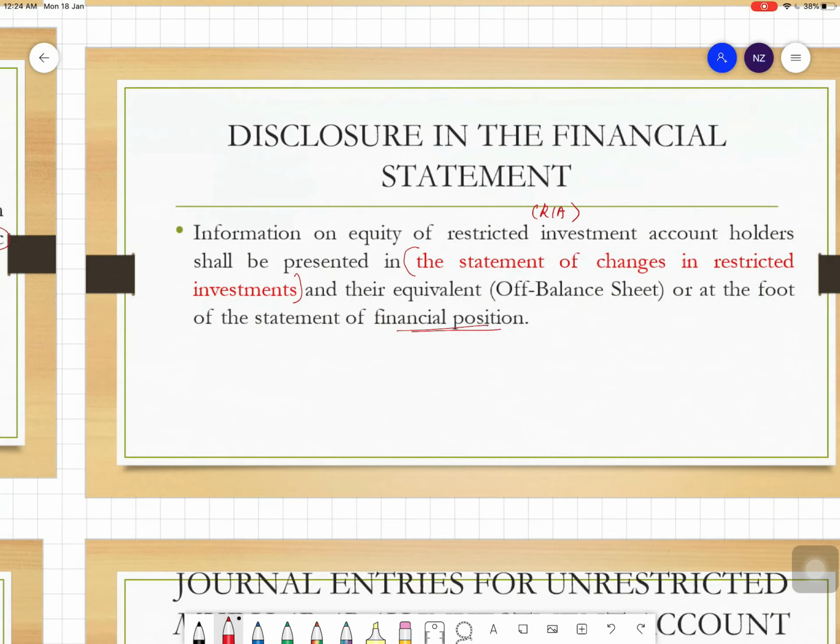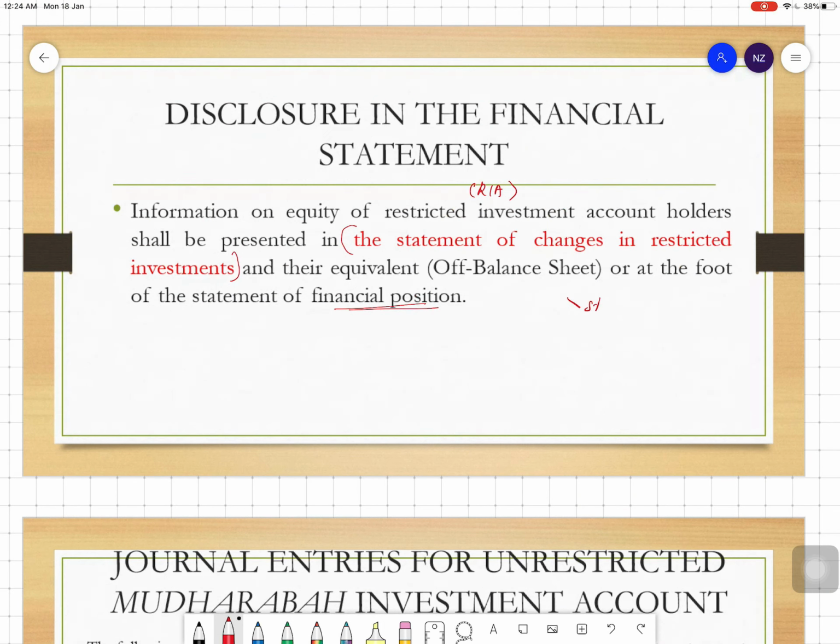For RIA, it goes in the statement of changes in restricted investment and its equivalent balance sheets, or at the foot of the statement of financial position as well. So it has to go in many places, not only in the SOFP but also in the statement of changes in restricted investment.